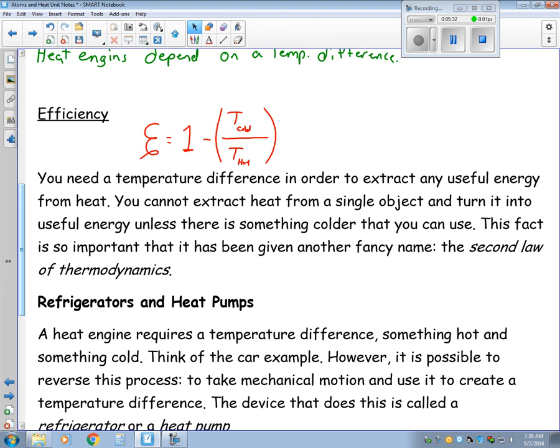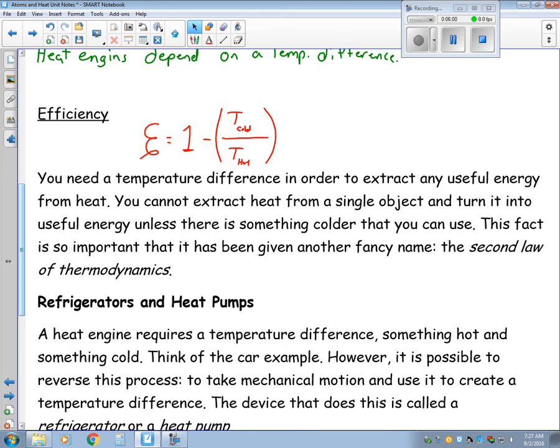So, looking at this then, efficiency tells us how much of that energy can be turned into useful energy, into kinetic energy. And notice that efficiency rises when we have a greater difference between the cold part and the hot part. And again, that's something very important to realize as well.